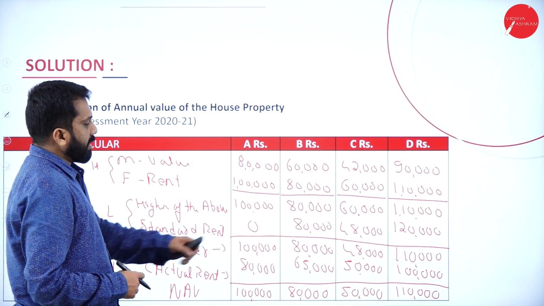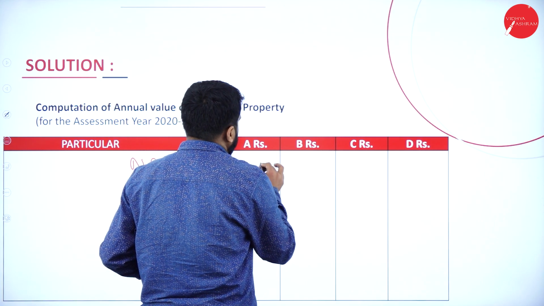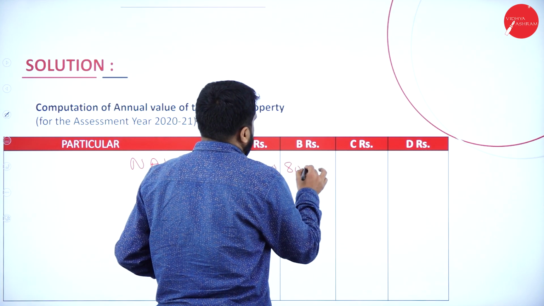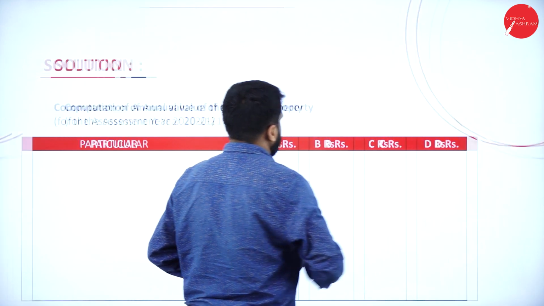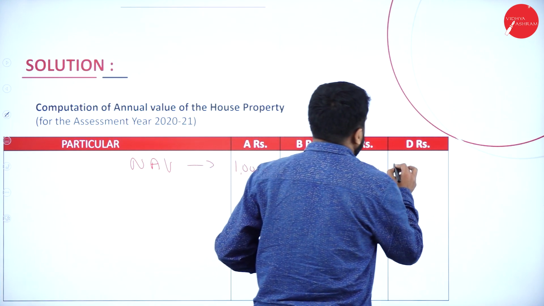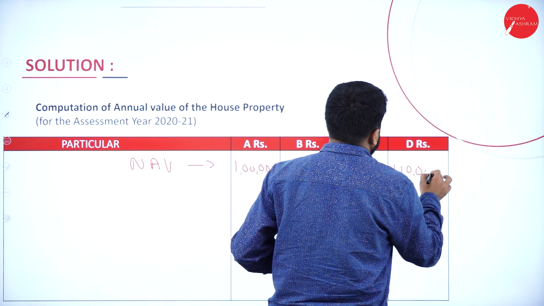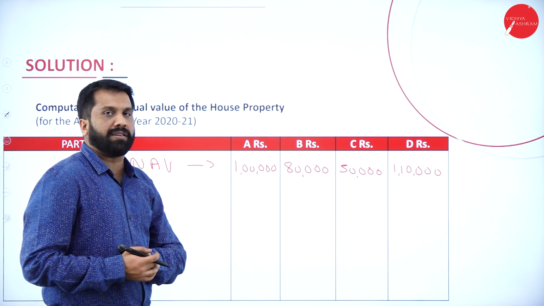We have 1 lakh, 80,000, 50,000, and we have 1,10,000 also. Now, we have all the calculations.